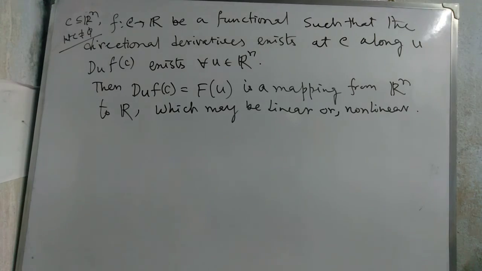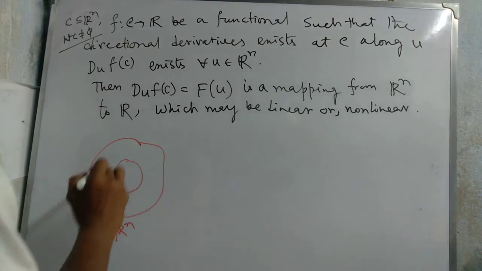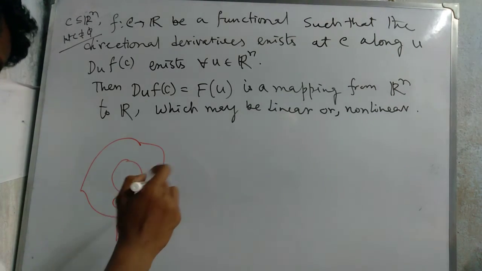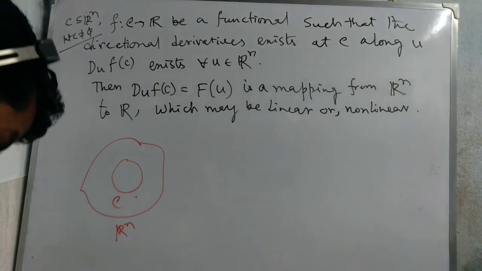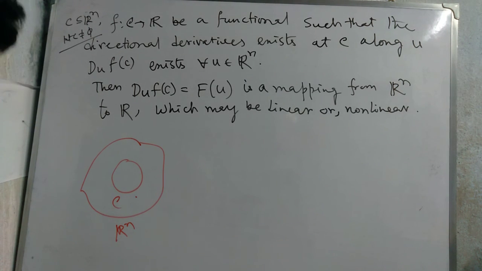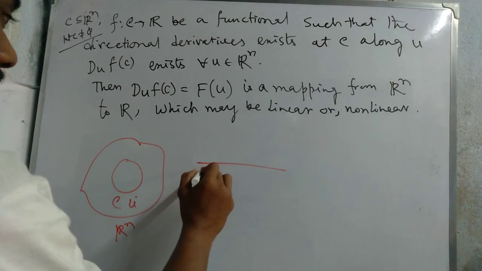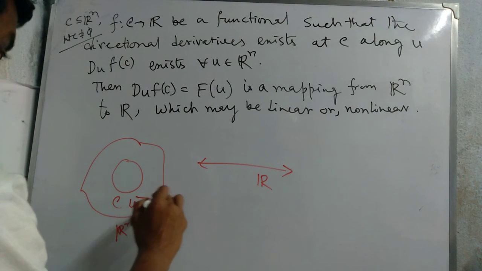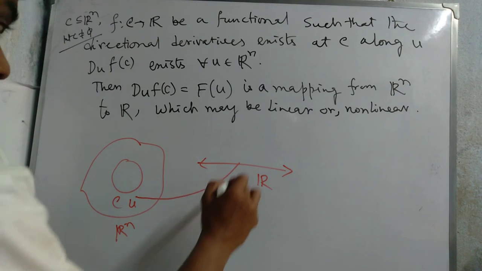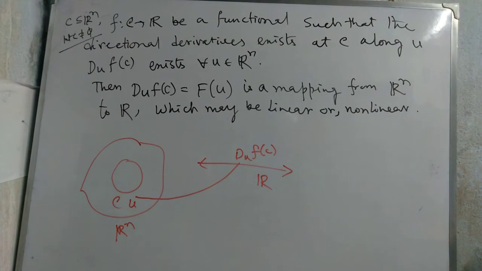Then we also give a figure. Here R^n, here C, then here some point u. Then this is R, just the real line, and D_u f(c).